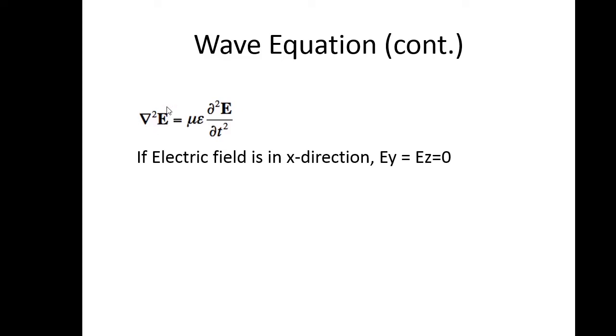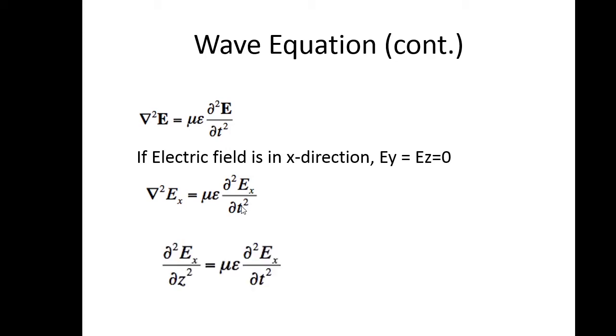So del square E can be rewritten as only the derivative with respect to x, because for y and z the value will be 0. So del square can be reduced to dou square E by dou x square. You can write like this: dou square Ex by dou x square is equal to mu epsilon dou square Ex by dou t square.